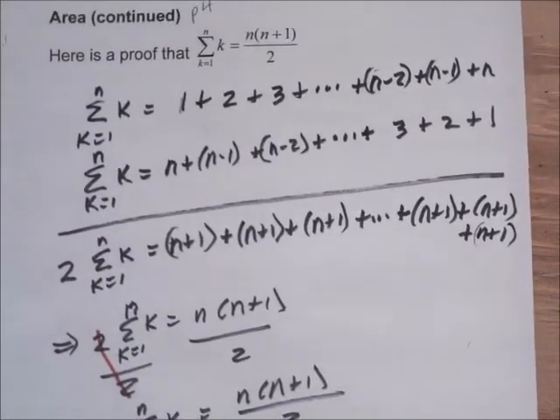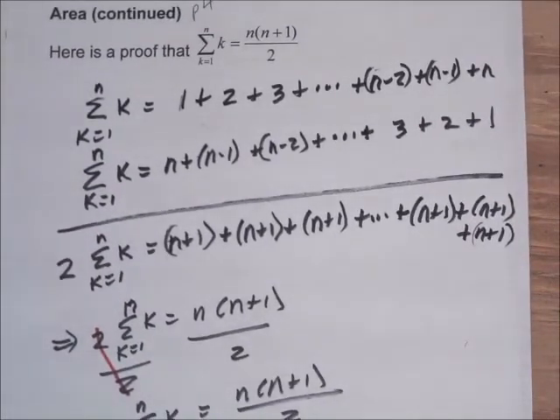The story circulated that when Gauss was 4, his teacher was trying to keep the students busy by giving them some work to do, and so he had them add the numbers from, I think it was 1 to 100 or something.